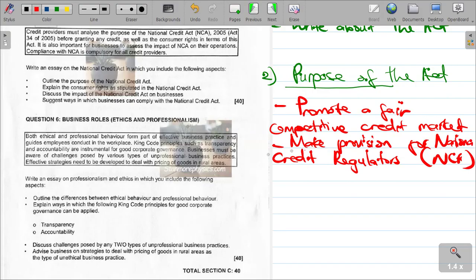It also wanted to ensure that customers know what is included in their credit contracts.